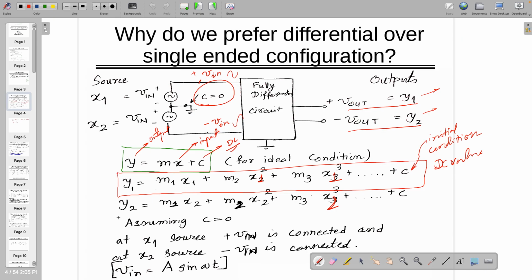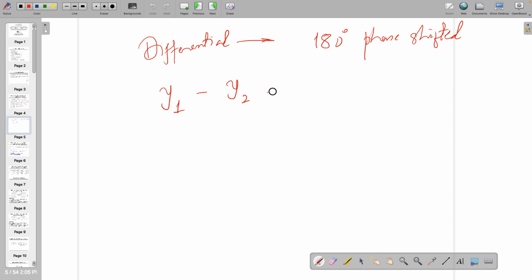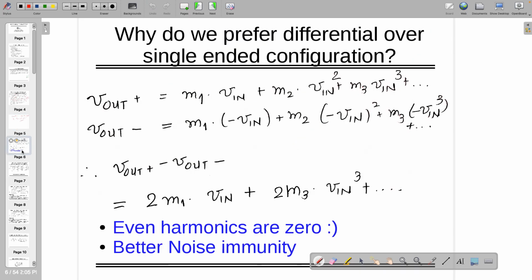When you are subtracting both of them, and x1 was V in and x2 is minus V in, if you keep it here, what's going to happen? The DC value is removed, that goes to 0. Then all odd harmonics will be here, whereas even harmonics will go to 0 again. So that is what's happening over here.